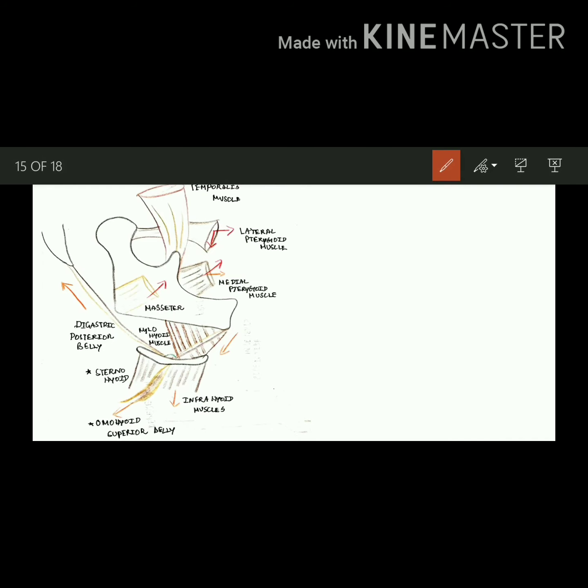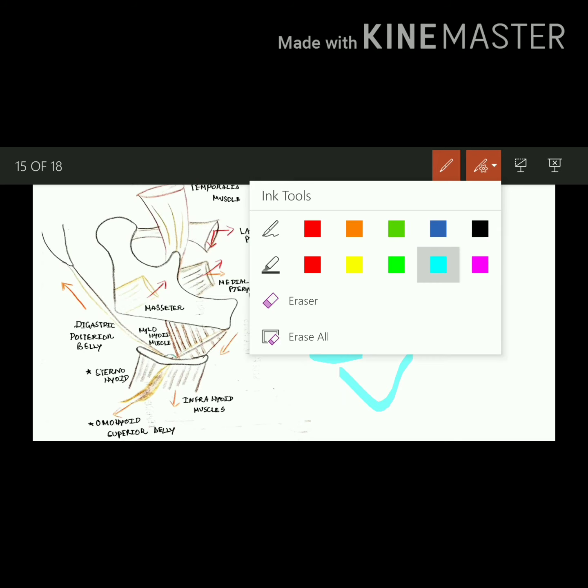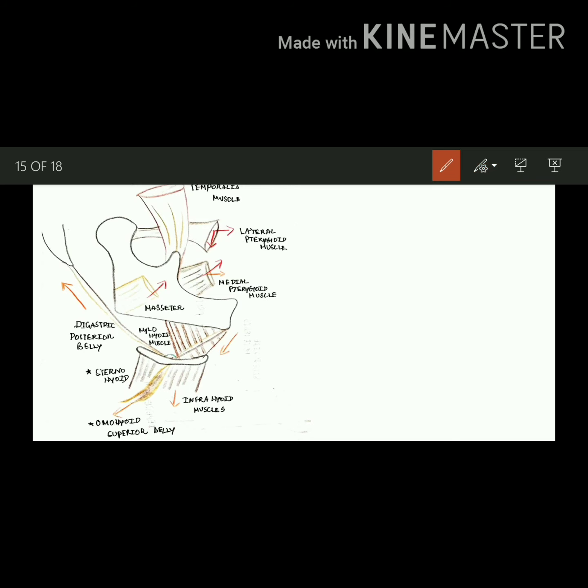At last we come to movements. We have elevation and depression of the temporomandibular joint, sideways movement or chewing, protraction anteriorly and retraction posteriorly. Let us see. As already said, the lateral pterygoid is the only depressor.